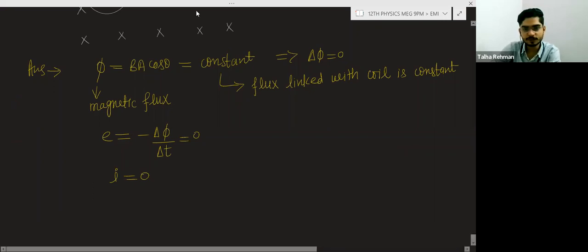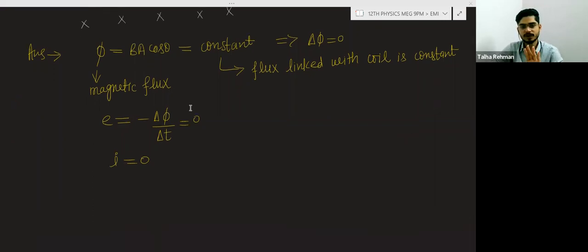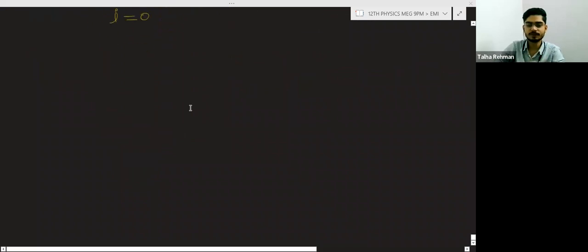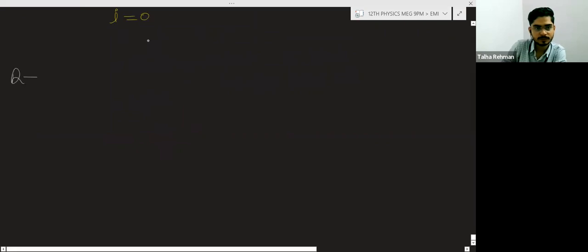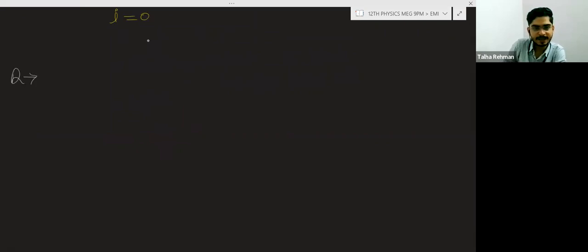I am giving one more question now. This time, do this question by yourself and try to apply your mind. Suppose the magnetic field is inwards like this.